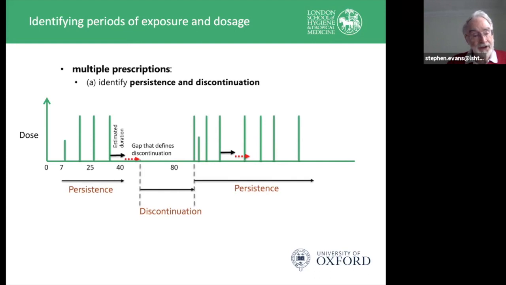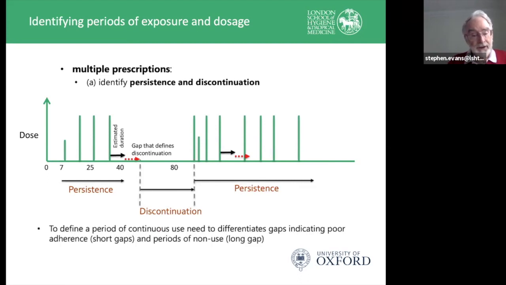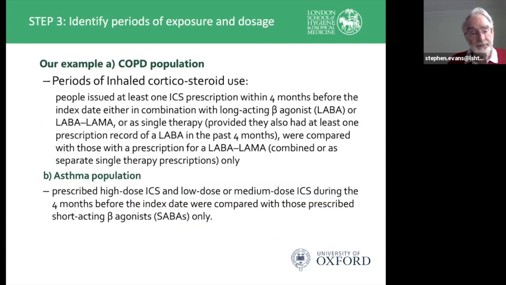So this is a period which we call persistence of drug, a discontinuation, and this will be a period of persistence. So we need to define gaps indicating poor adherence, short gaps, and periods of non-use, which are true discontinuations.